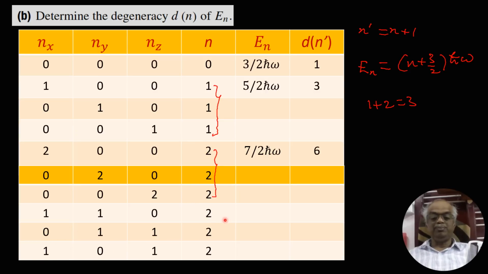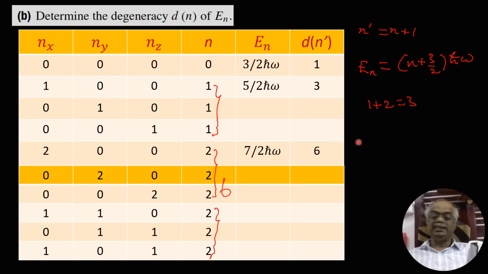This is 3 possibilities. So 3 plus 3, you got 6. So for n equal to 2, you will get (4 plus 3) divided by 2, that is 7 by 2 h cross omega.